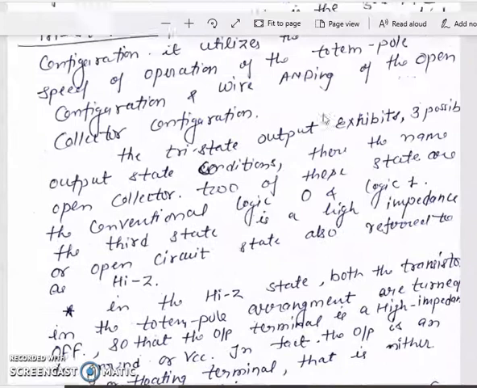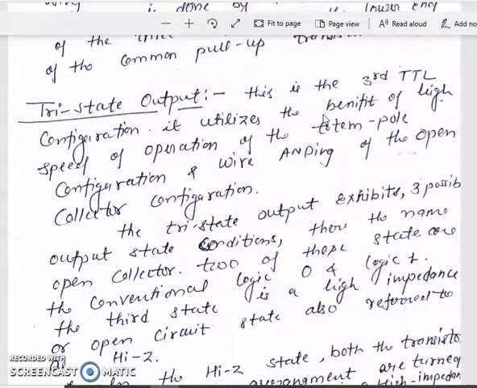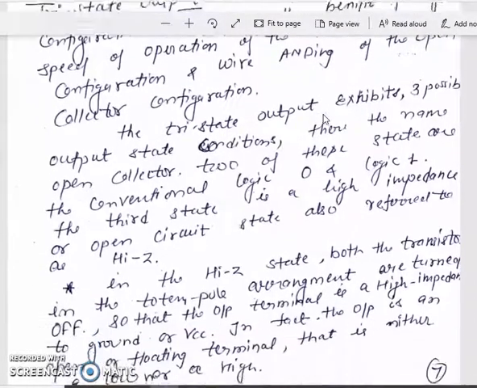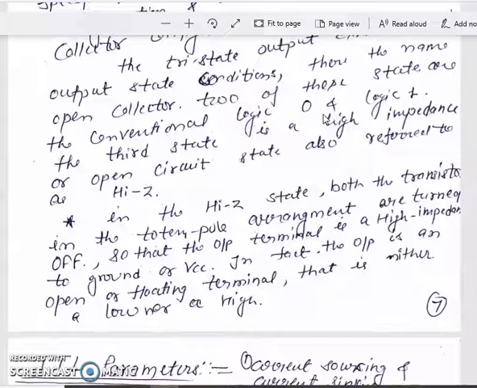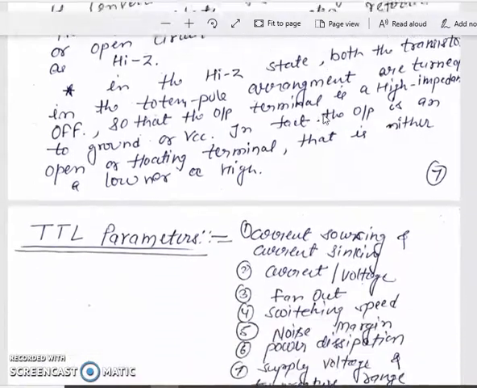Basically, this is used when the TTL is not in logic 0 and not in logic 1. Simply, we get tri-state output or high impedance when both transistors of the totem pole arrangement, Q3 and Q4, are off. It means the totem pole arrangement of TTL is going to the high impedance state, neither a low state nor a high state.